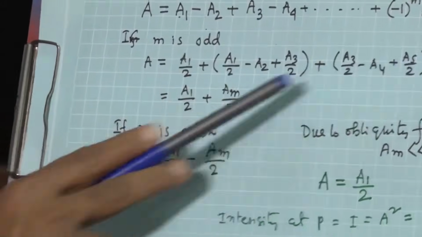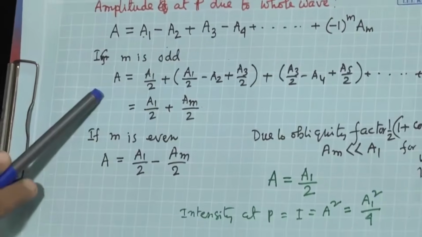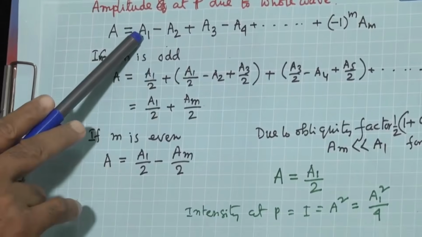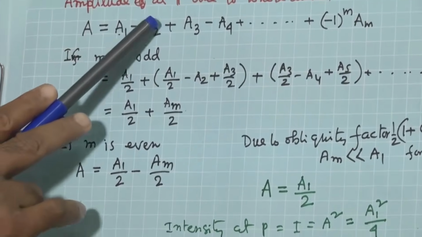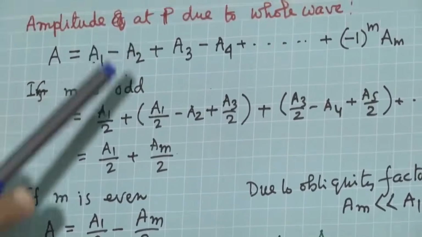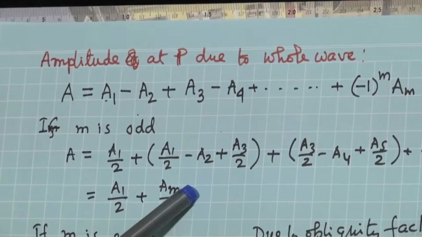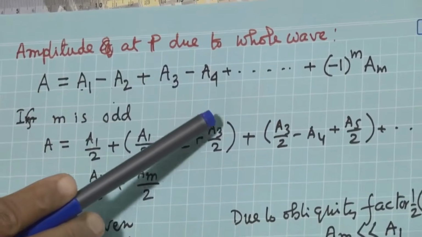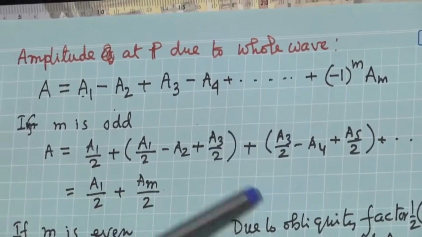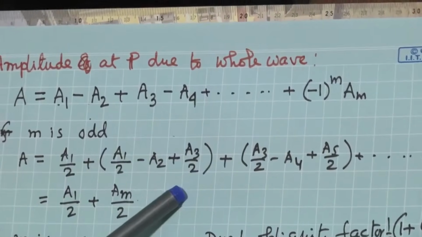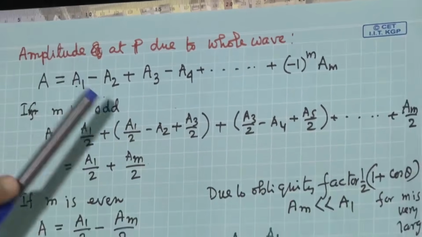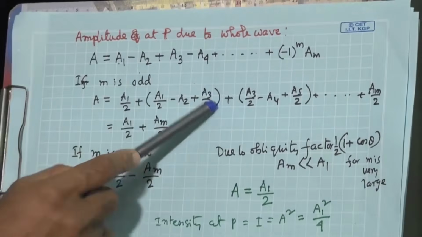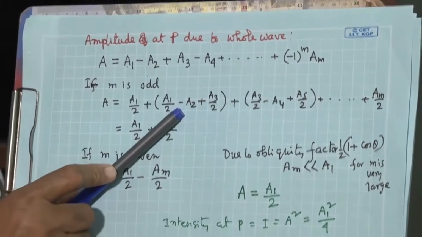So here you can show, if it is odd, I can write A1 is A1 by 2, A2 is A1 by 2 plus A3 by 2, A3 by 2. So this I put in a bracket, as if the average of A1 and A3 will be equal to A2.